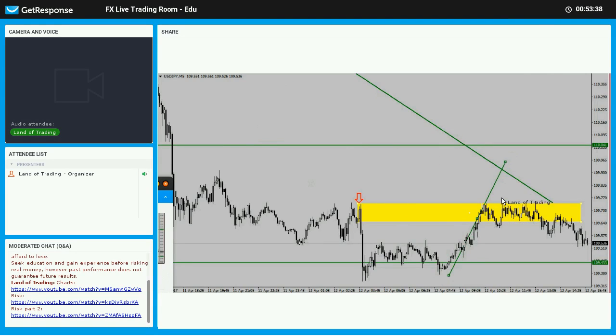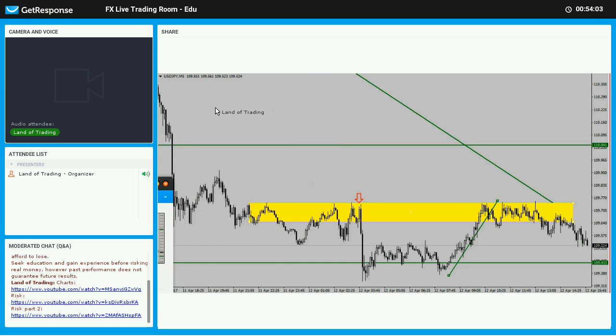And look, bulls were not able to go through this level. So we are still within these highs here. Okay? So that's how it looks on dollar yen.